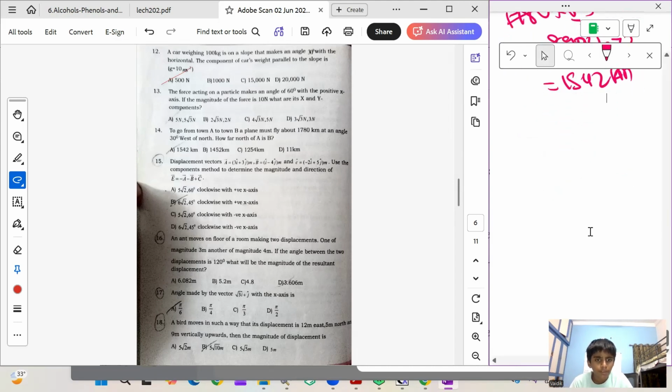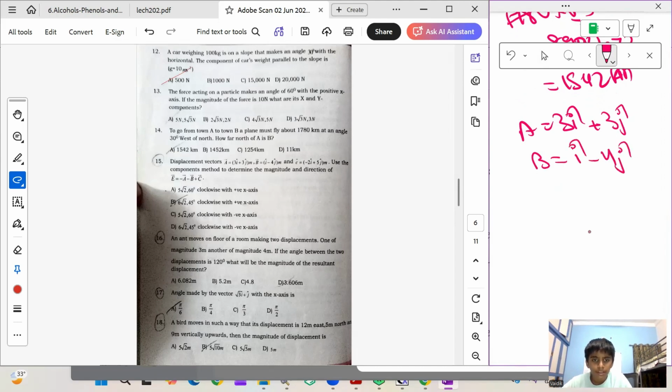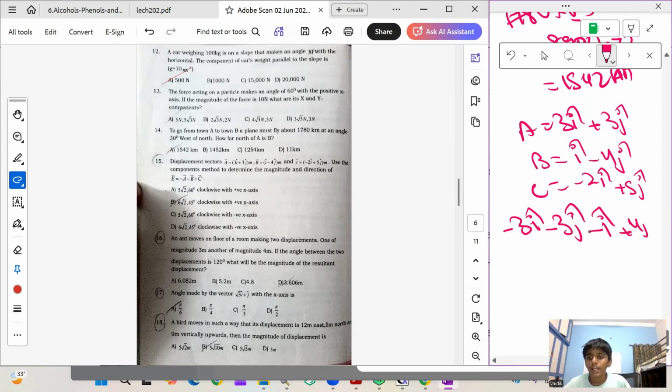15th, displacement vectors A equals 3i cap plus 3j cap, B equals i cap minus 4j cap, and C equals minus 2i cap plus 5j cap. Use the components method to determine the magnitude and direction of E, which is minus A minus B plus C. Minus A means minus 3i cap minus 3j cap, minus B is minus i cap plus 4j cap, plus C minus 2i cap plus 5j cap.